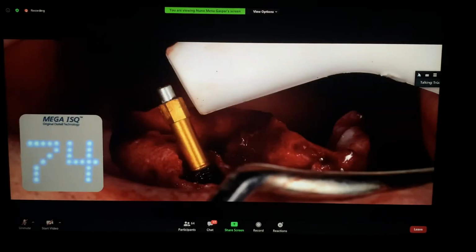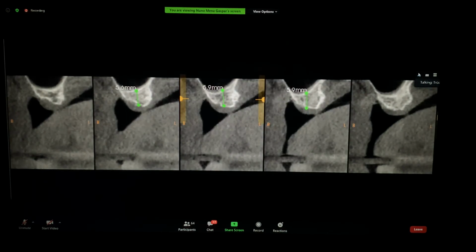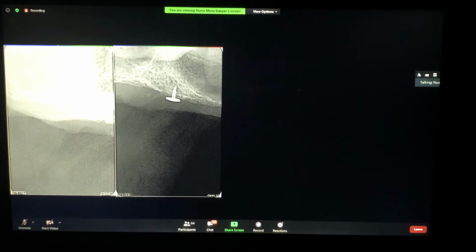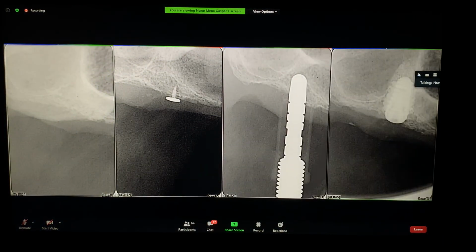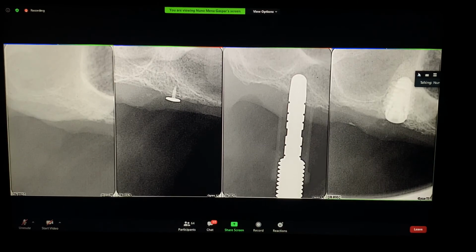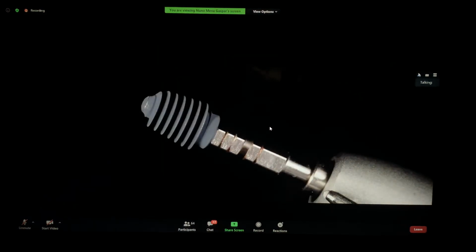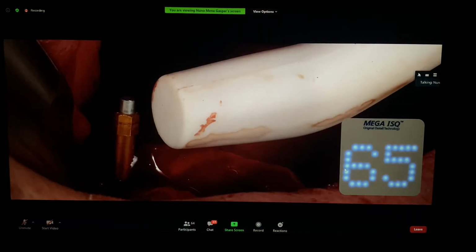I use Summers osteotomes. The implant is 8.5 mm long and 5 mm in diameter, and I got an initial stability of 65.